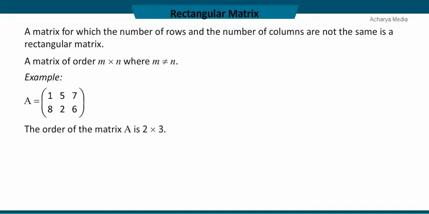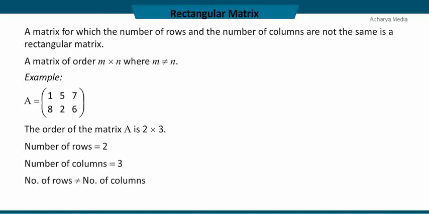The order of the matrix A is 2 by 3. Number of rows equal to 2. Number of columns equal to 3. We found that the number of rows is not equal to the number of columns. Therefore, the matrix A is a rectangular matrix.